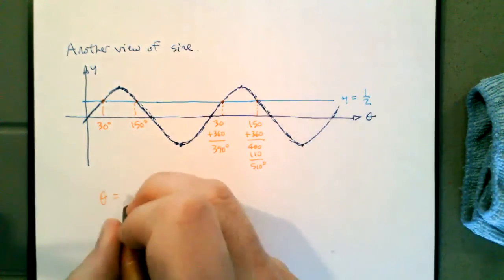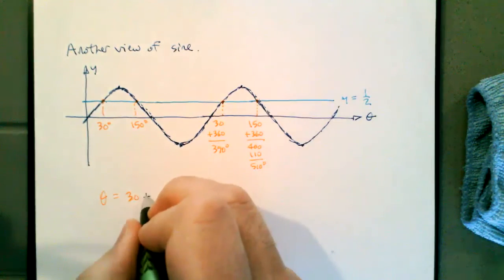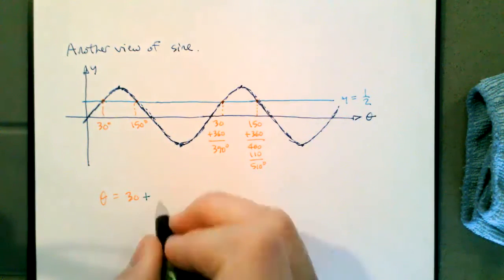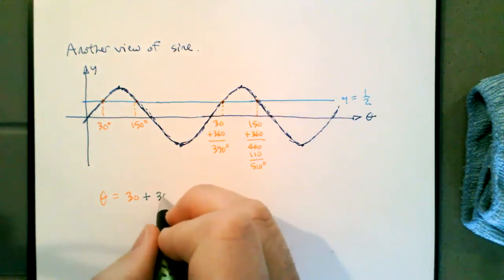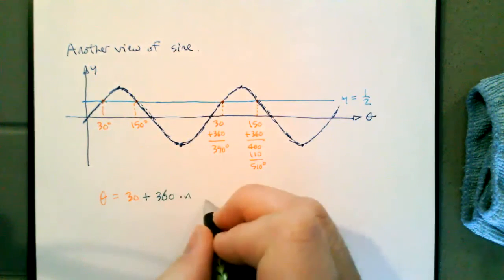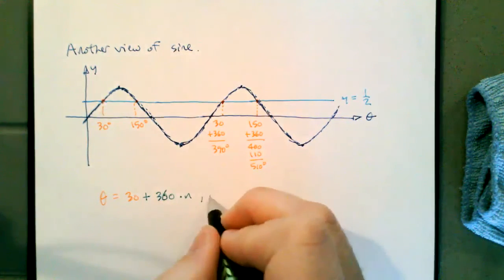So theta is equal to 30 plus some multiple of a full circle, where n is an integer.